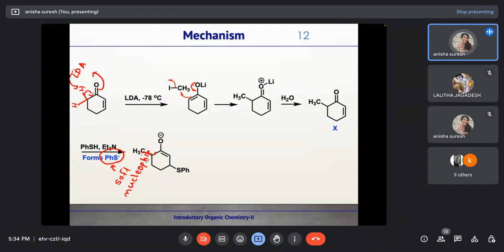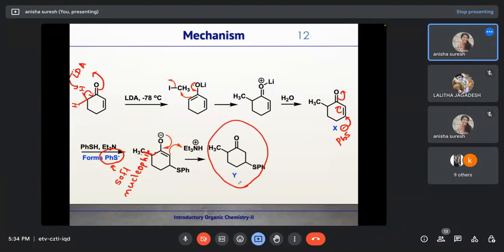So it will undergo 1,4 addition reaction. PhS minus will attack here. It will give rise to this enolate. And once this is falling back, it can abstract the proton that will be abstracted by the base, giving rise to this compound Y. Is the mechanism clear?